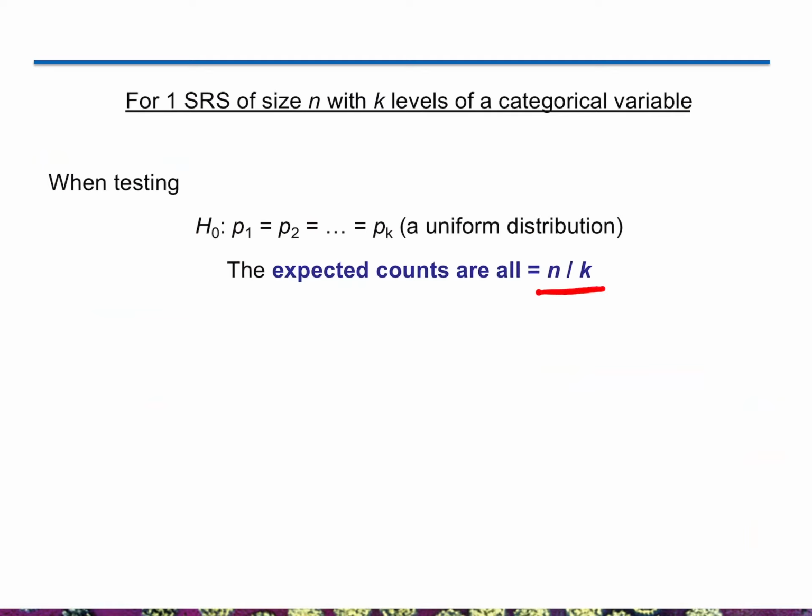So with the births example, we had 700 births. We had 7 days in a week. And so we have 700 divided by 7. You would expect to have 100 births per day, or 1/7 of the births on any given day. That's what this means as a uniform distribution.